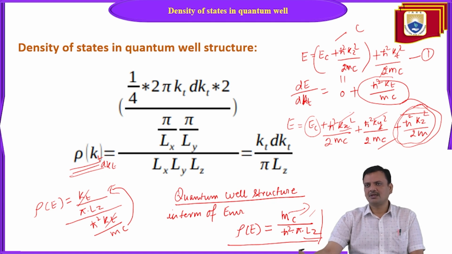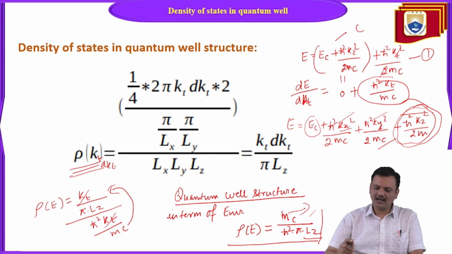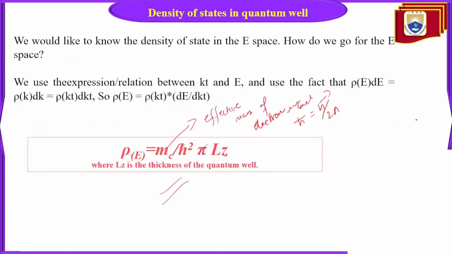Discrete values mean quantized values like m multiplied by pi upon Lx for kx, p multiplied by pi upon Ly for ky, and q multiplied by pi upon Lz for kz, and this kz is constant.